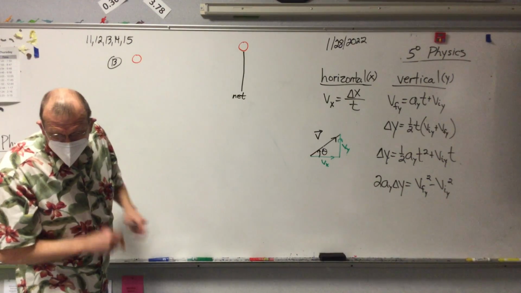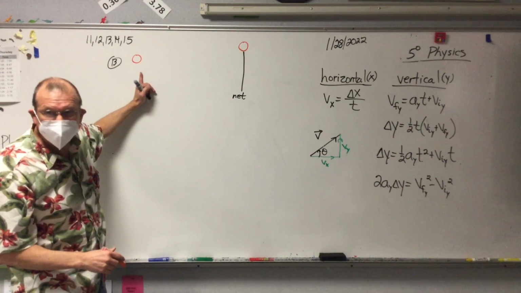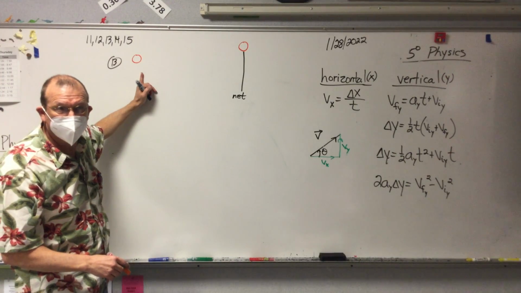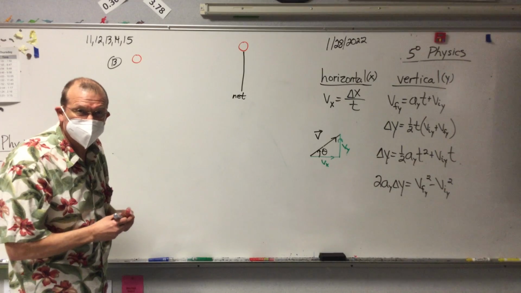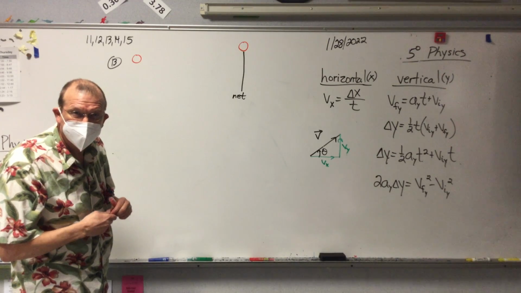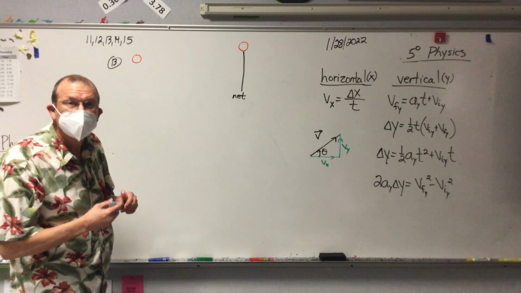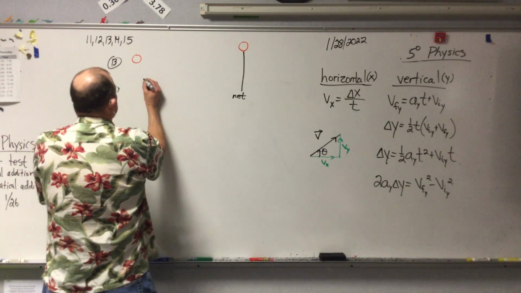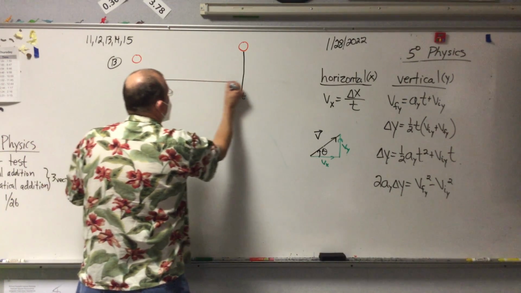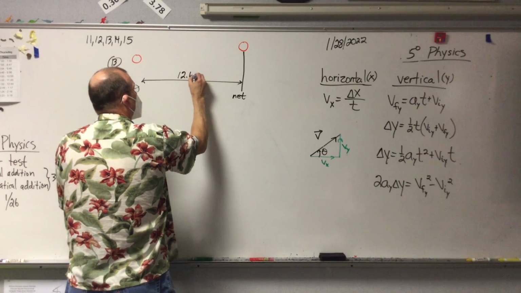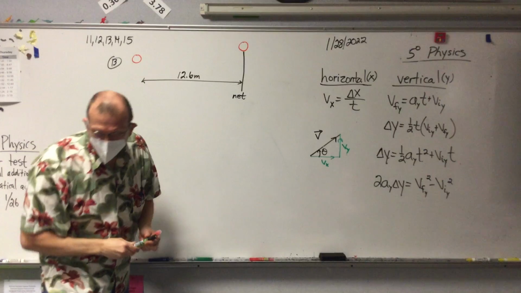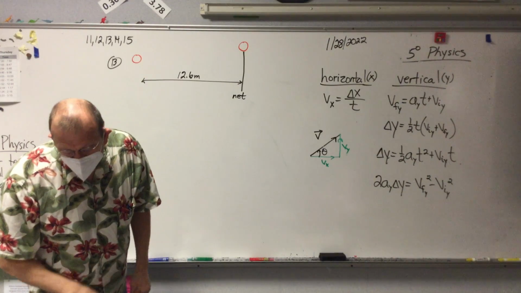It says, how far away from the net is this thing? According to the particulars, 12.6 meters. So from here to here, we're talking 12.6 meters. What else do they tell us?